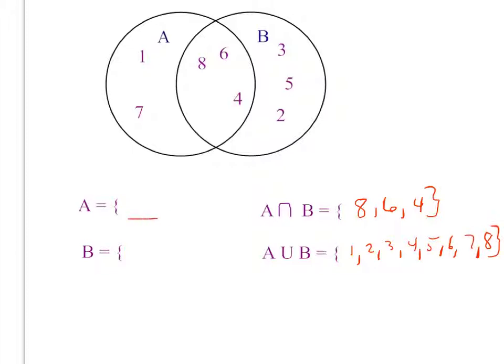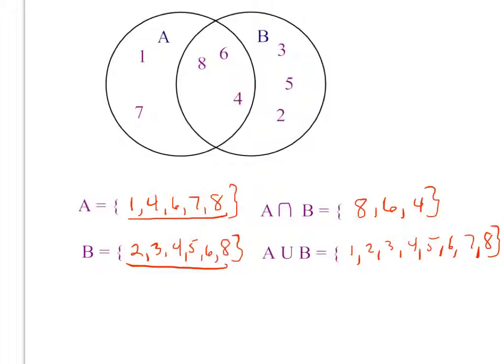Now notice I didn't list what's in A and list in B because it's pretty obvious by looking at the figure. But again, all of A would be 1, 4, 6, 7, 8. So remember, when you're saying A, it does include what's also in the intersection, the things that run into B also. And set B up there would be 2, 3, 4, 5, 6, 8.